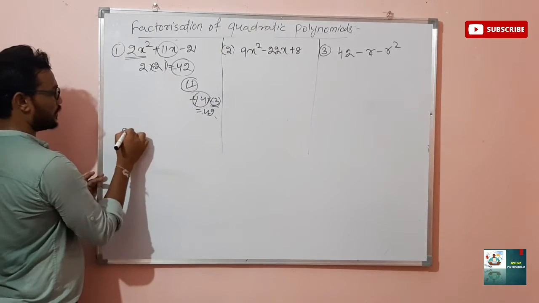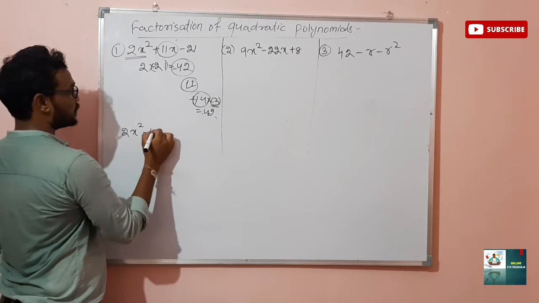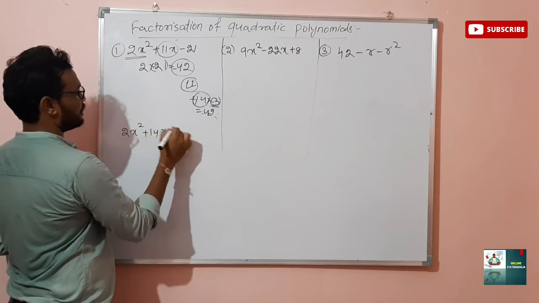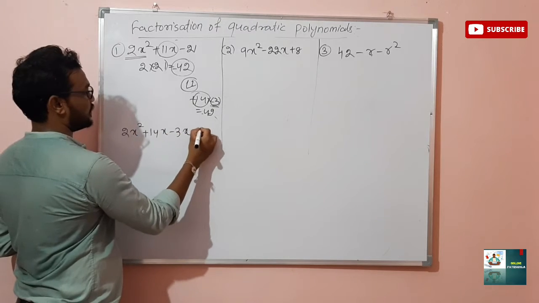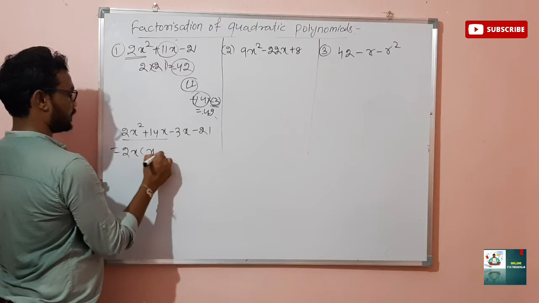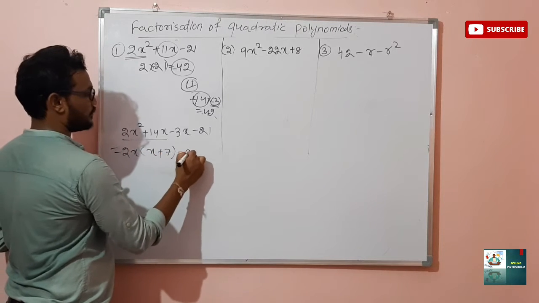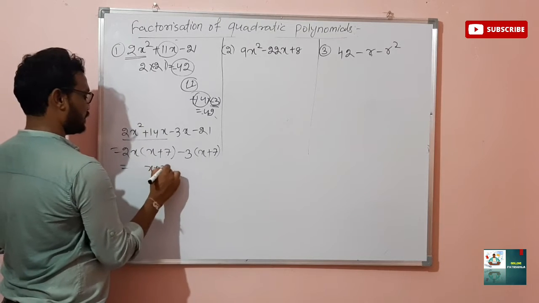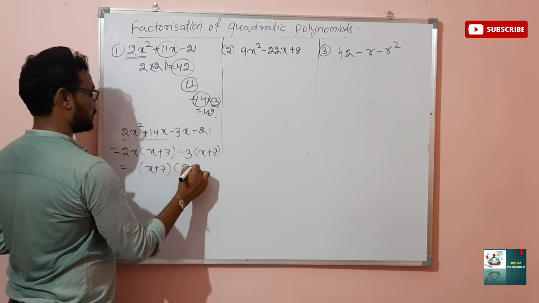So we split it: 2x square plus 14x minus 3x minus 21. Now we take common 2x, so here x plus 7. From here we take common 3, that is x plus 7. So now it is x plus 7 and 2x minus 3.